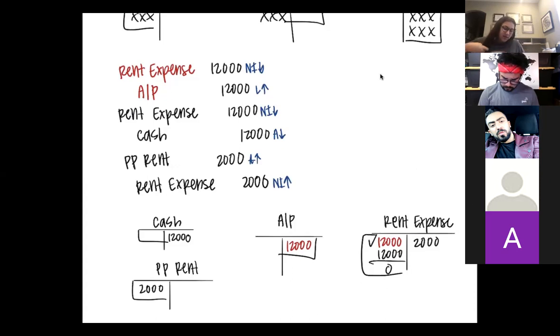So in terms of assets, our cash should have gone down by 12 and increased by 2. So net should have been decreased by 10. So our assets are overstated. And then for AP, it should not have been increased by 12 because crediting our AP increases our liability. So liabilities are overstated. And then in terms of rent expense, the $12,000 cancels out because it's fine that they did that. But now we have to unexpense it for 2,000, and unexpensing it brings net income up. So net income is going to be understated. Does that help, Henry?